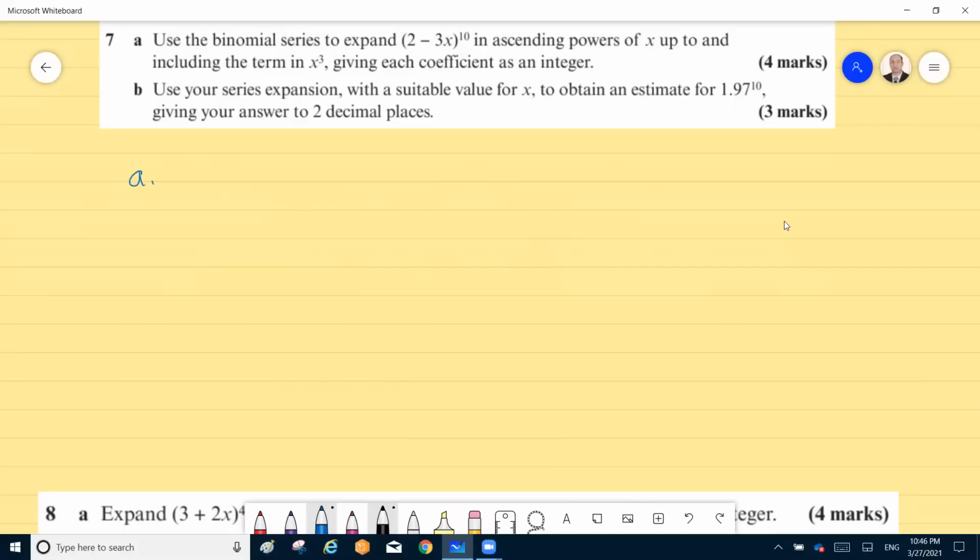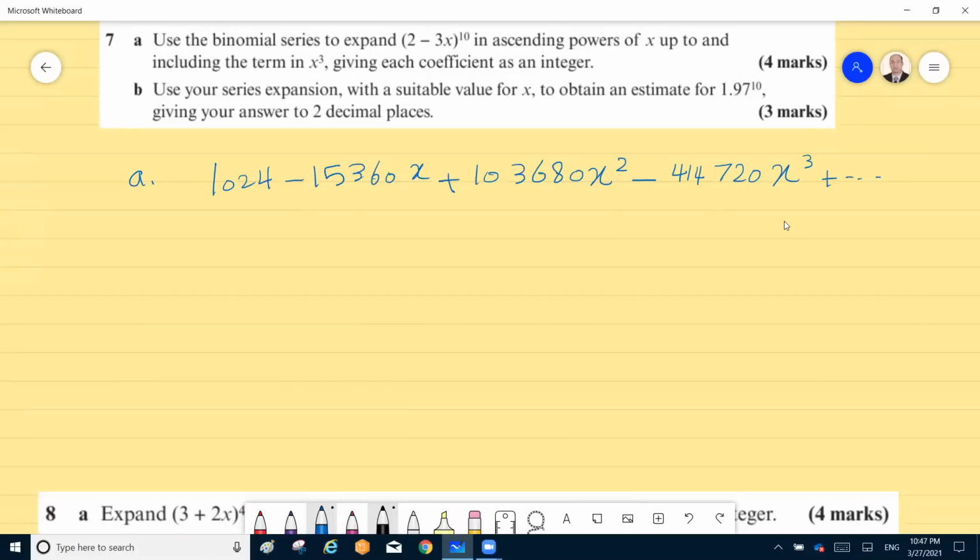Answer number A is, the expansion is 1024 minus 15360x plus 103680x squared minus 414720x cubed, okay, and so on.